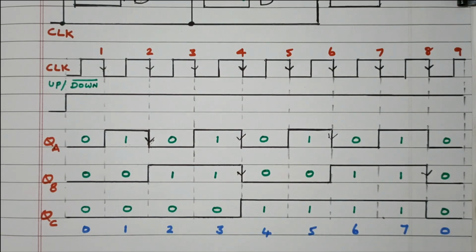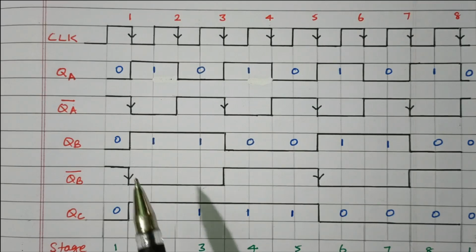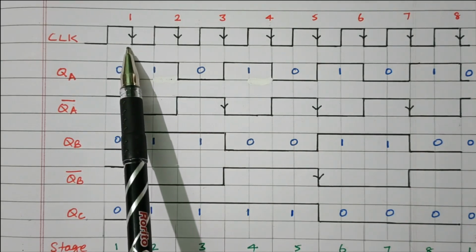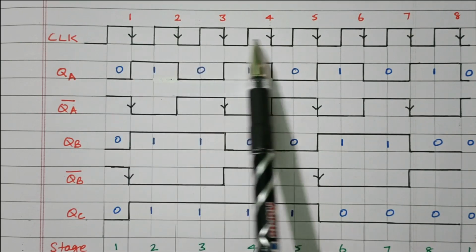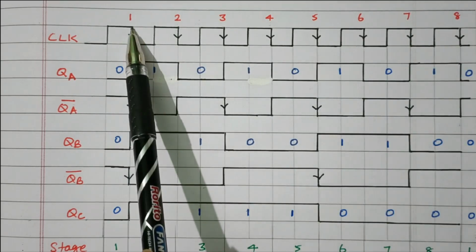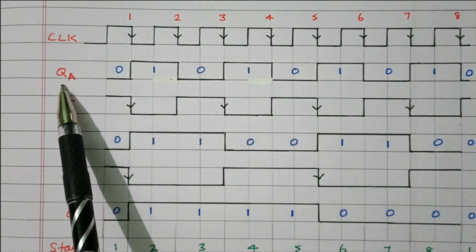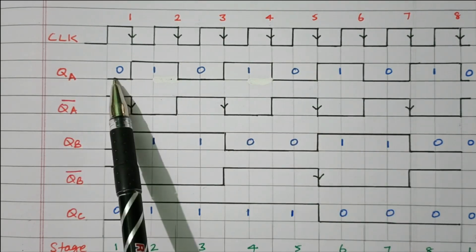Now we'll see the down counting. We'll see the timing diagram for down counting. So this is for the down counting operation. The M is 0, so that will perform the down counting. There are 8 clock pulses available. So during every negative edge, the status will change. So this is QA, initially 0.